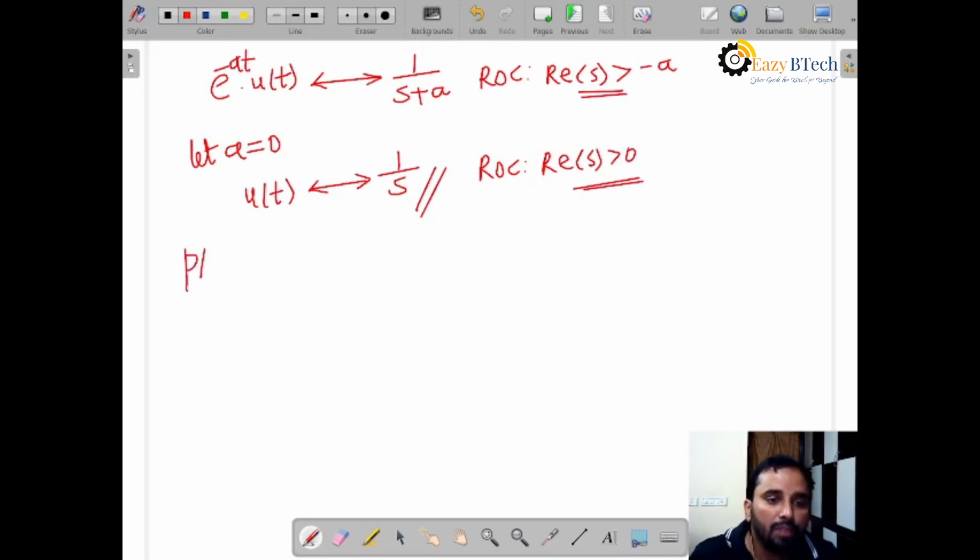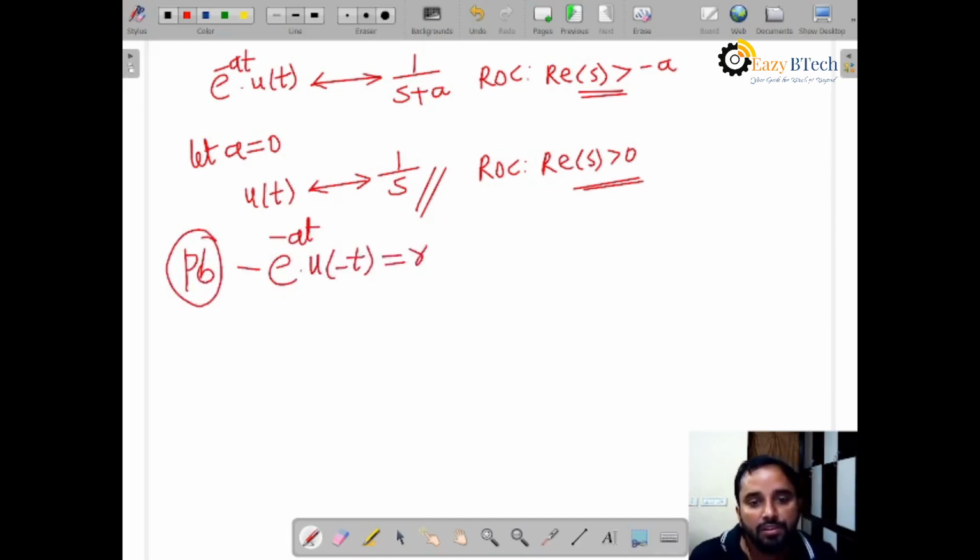Another problem: Laplace transform of minus e power minus at u of minus t. This is the given problem. For example, it is x of t. Previously we had e power minus at u of t. Now it is minus of e power minus at u of minus t, where e power minus at is multiplied by u of minus t.